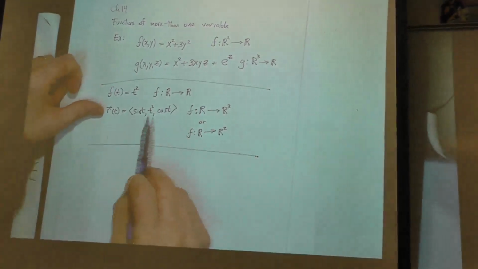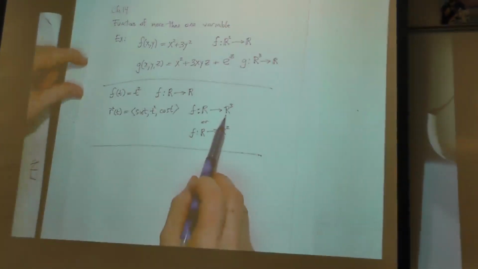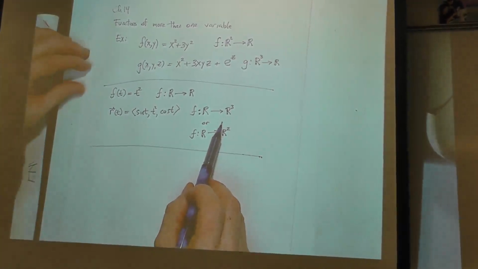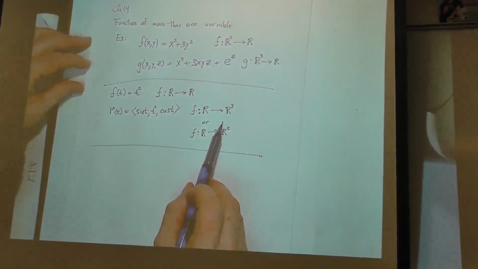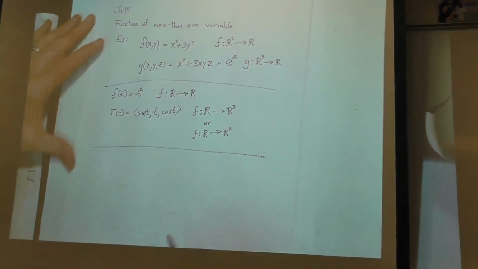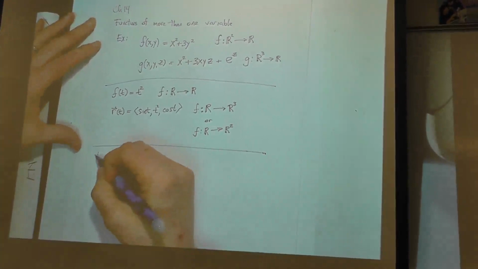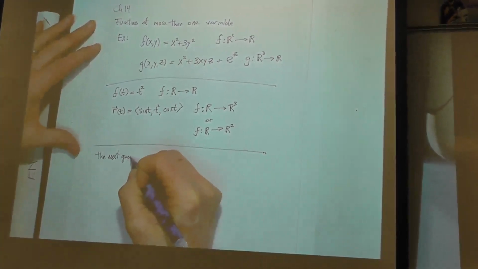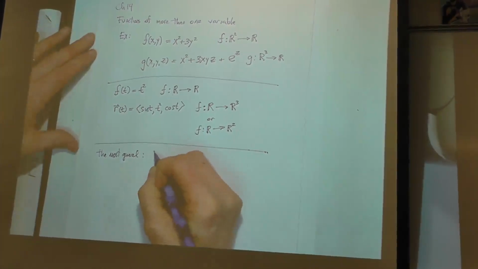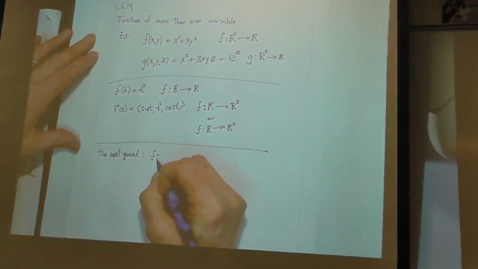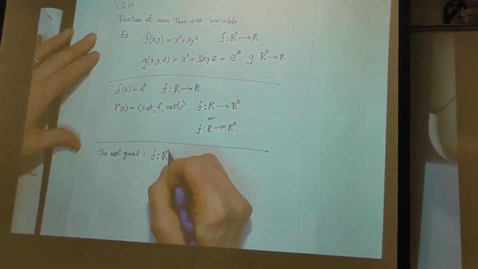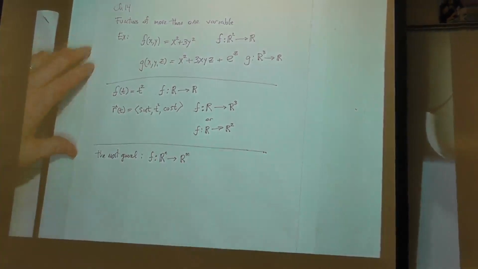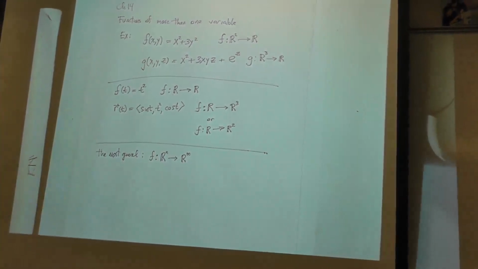Similarly, I can think of these vectors as being embedded in 4 space or 5-dimensional space, whatever. What we are not doing, the most general, would be a function that takes you from n dimensions into m dimensions, where n and m can be any positive integers.